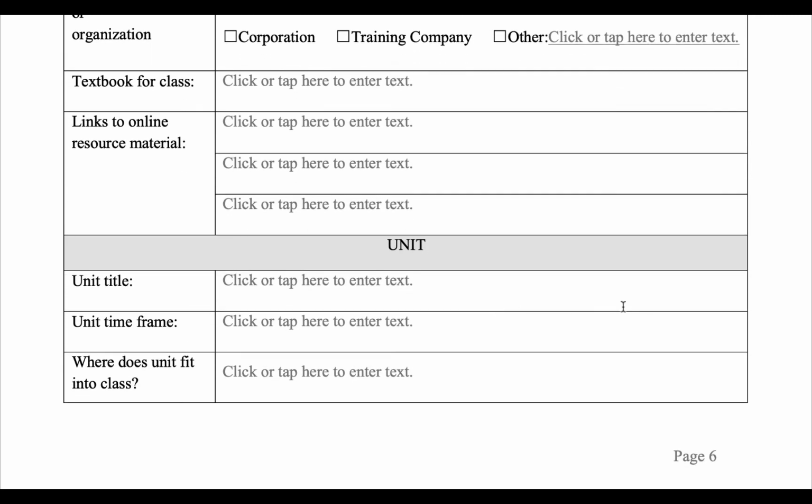Then we come down to the unit title, how long this unit is going to last in the class. Is it going to last one day? Is it going to last 2 weeks? And where the unit fits into the curriculum.